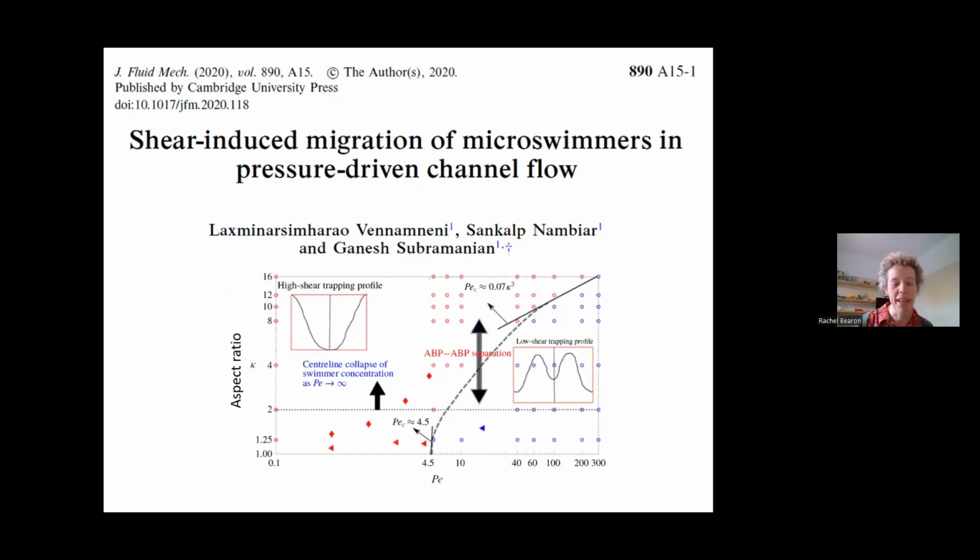But as I say, Ganesh probably talked a bit more about this work earlier this week, and there's a beautiful paper that came out, I was going to say last year, but we're already in March, so the year before last. They did this asymptotics properly and very carefully computed all the details of the shear-induced migration, and were able to identify this separating region where you get the high shear trapping and where you get these double peaks.